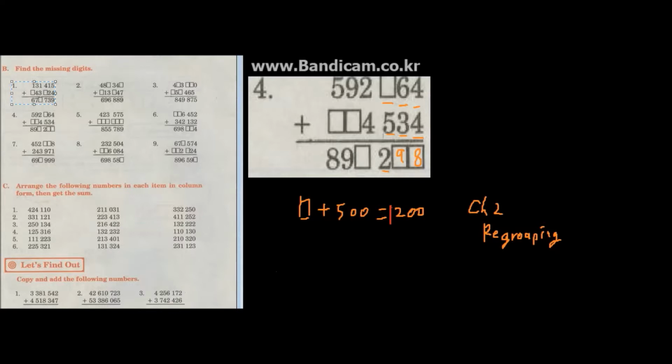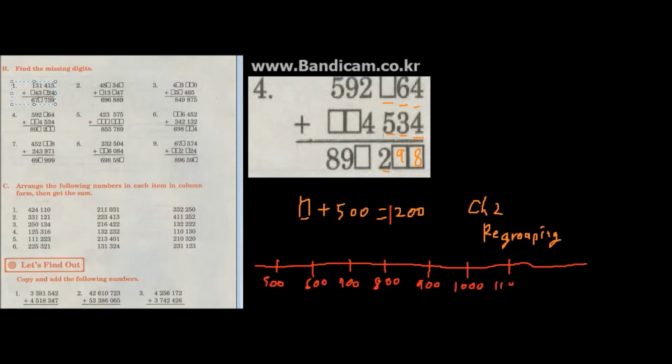Okay, place 500, 600, 700, 800, 900, 1,000, 1,100, 1,200. And we're going to do the same thing. We jumped.